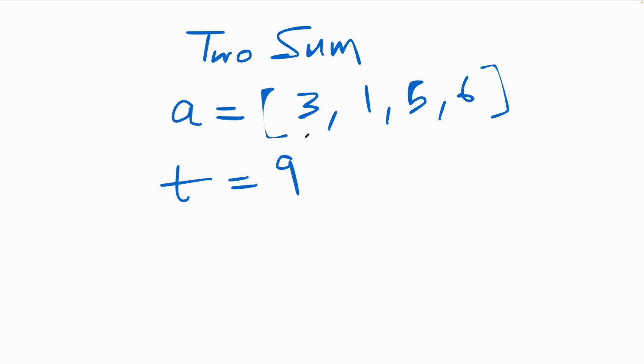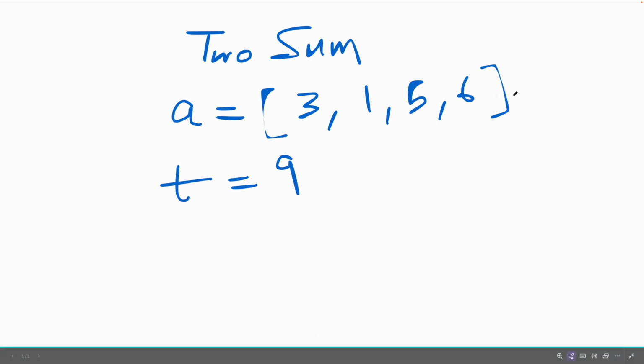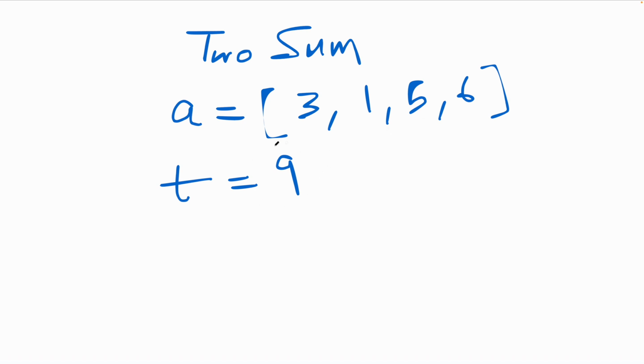So we'll start with 3 and then add 1 to it, which gives 4, so it's not the sum. Then 3 and 5, it's not the sum. Then 3 and 6, it's a sum, so that leads up to the target of 9. So 3 and 6 are the values. In this case, we're not supposed to return the numbers.